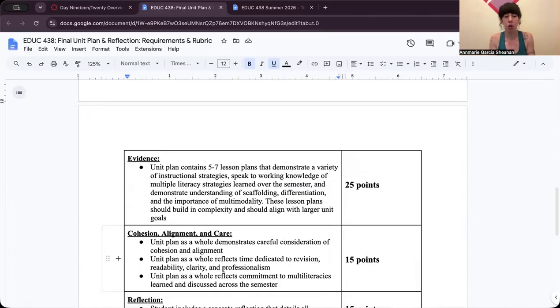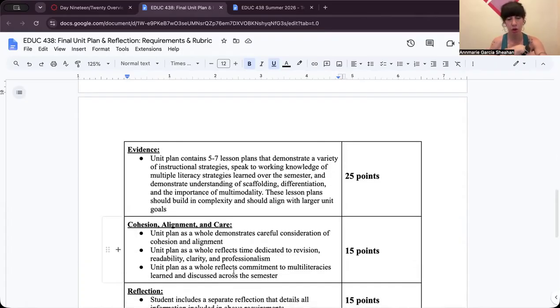The unit plan as a whole reflects time dedicated to revision, readability, clarity, professionalism, right? So if your pod members and I have spent a lot of time giving you suggestions and feedback, I want to see that you have incorporated that into your unit plan, okay? That to me is an example of professionalism, okay? Taking suggestions from your peers and implementing them into your teaching practice is huge.